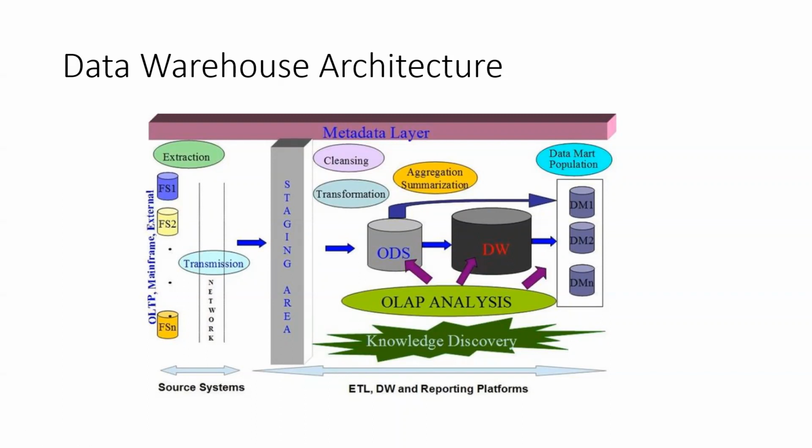But all three are available for OLAP analysis, the analytical processing of data, because all three, the ODS, the data warehouse, and the DM, meaning data mart, are used for analytical purposes. On top of that, we can put a select query to get our desired result.